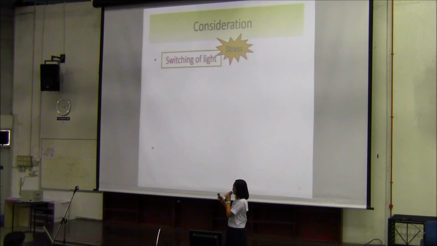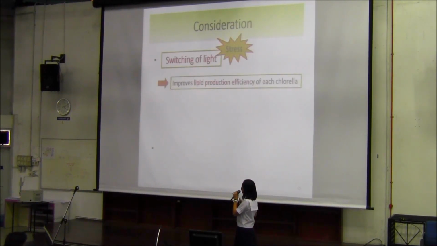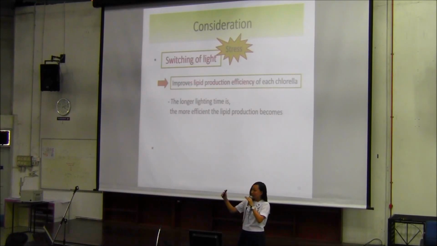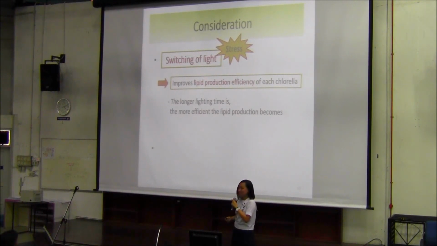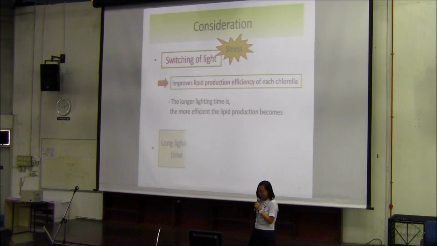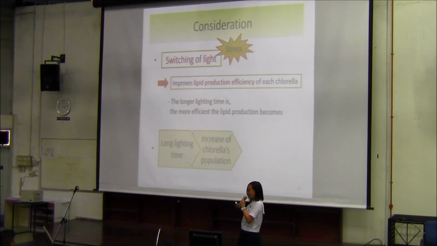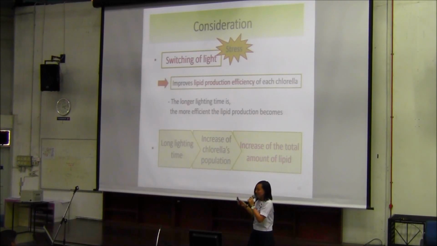First, switching of light is stressful for Chlorella, and it improves the lipid production efficiency of each Chlorella. In addition, the longer the lighting time is, the more efficient the lipid production becomes. Second, a long lighting time increases the population coefficient and it leads to an increase in the total amount of lipid.